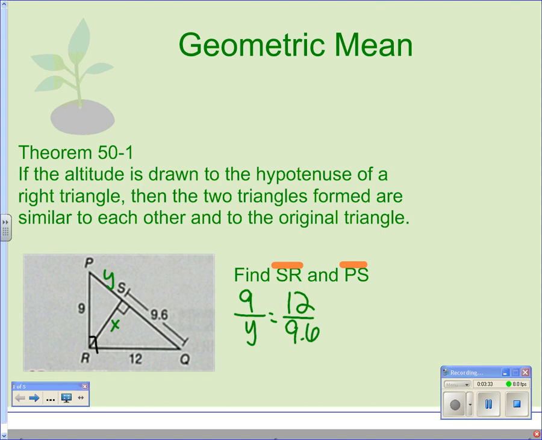That's what Gabby says. 9 is the hypotenuse, and 12 is the hypotenuse, so those should both be on top. Is this the shorter leg of this triangle? The Y? Yeah, it is. Is the 9.6 the shorter leg of this triangle? No. So we wouldn't want to put 9.6 here, we'd want to put X there. So that doesn't help us, since it has both variables in it. Any other ideas?